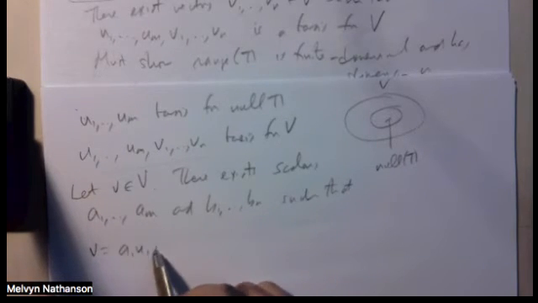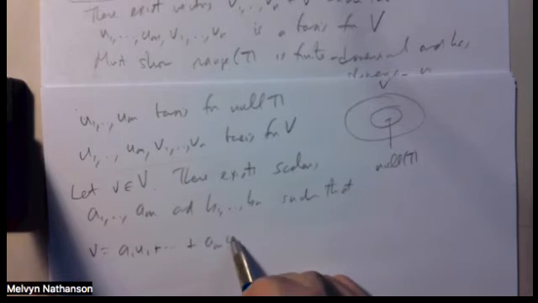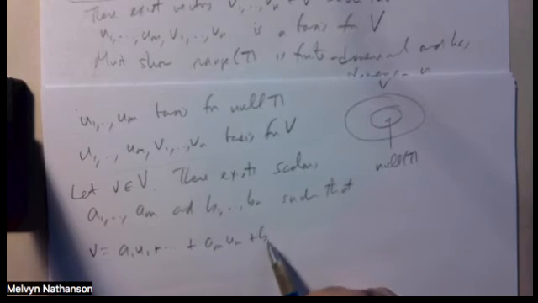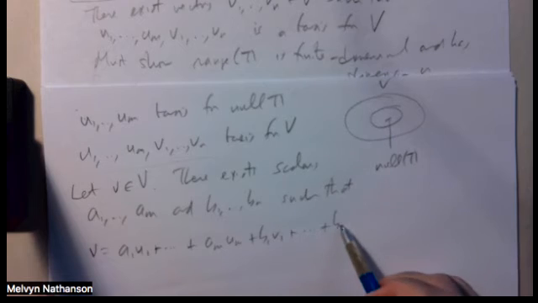V is A1 U1 up to AM U sub M plus B1 V1 up to B sub n V sub n.